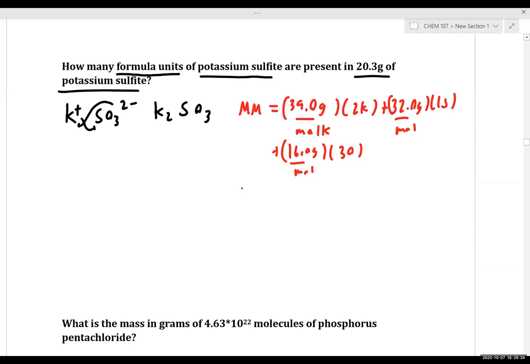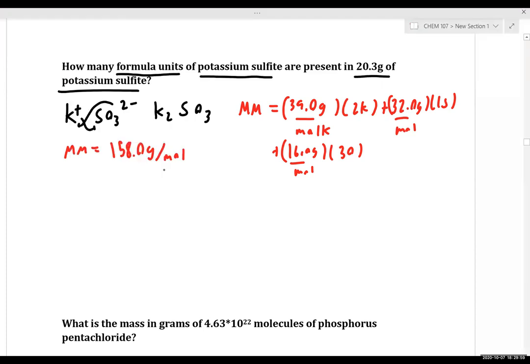So punching this into our calculator, we have 39 times 2 plus 32 plus 16 times 3. That gives us a molar mass of 158.0 gram per mole.